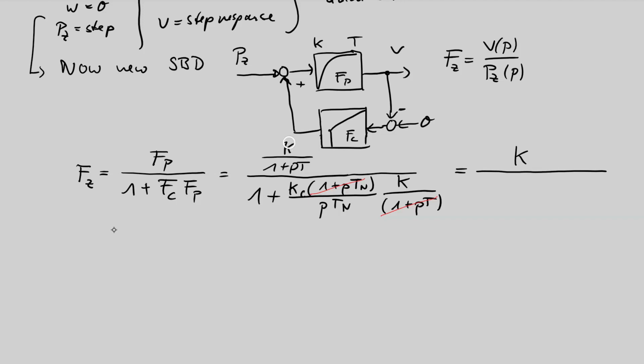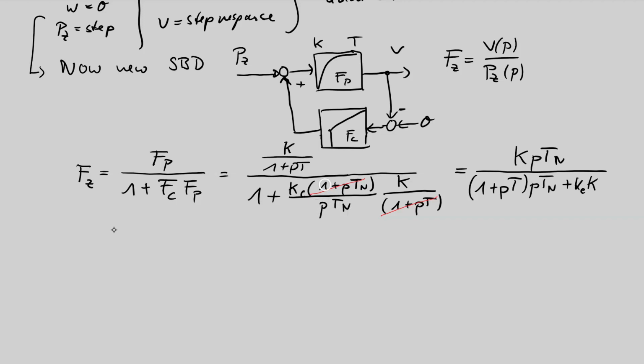This is K, the numerator, times this is erased, but times this just has to be written here. This one has to be multiplied with this denominator and this denominator, so we have a 1 plus Pt multiplied with Ptn plus this KCK is the numerator of the denominator.